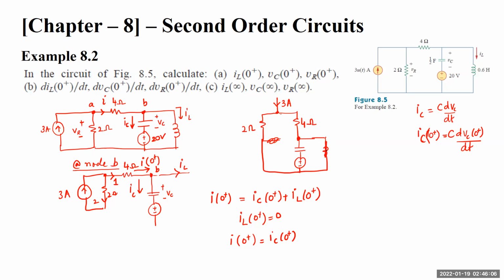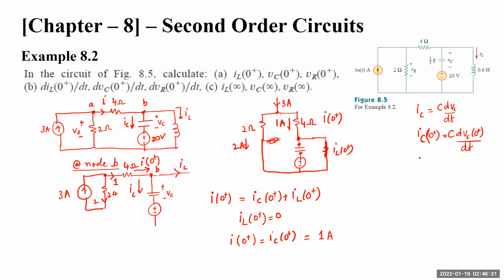Remember, this is at I0 positive, this is short circuit, IL 0 positive, and this is open circuit voltage, no current. So if 2 amperes is flowing here, 1 ampere will be flowing here. So IC 0 positive will be equal to 1 ampere.